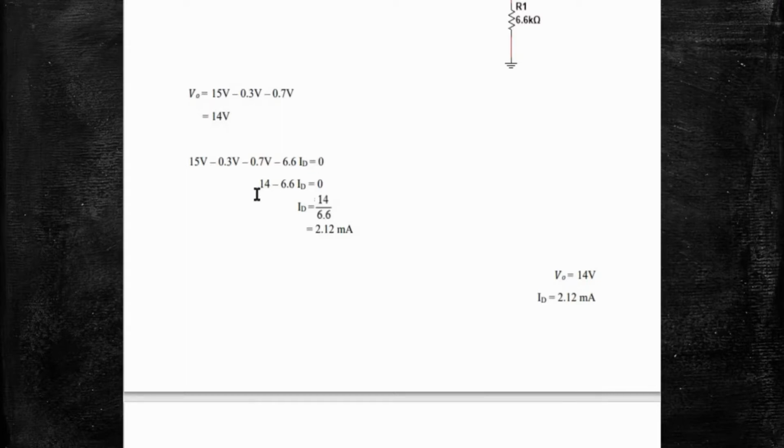So we get 14 volt minus 6.6 ID equals 0, and we will find ID. The answer we get is ID equals 2.12 milliampere.